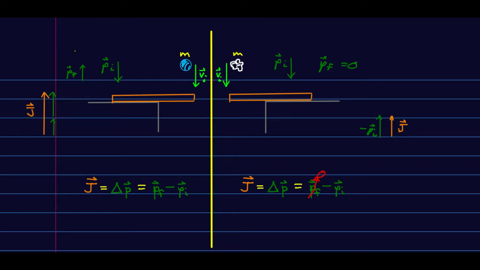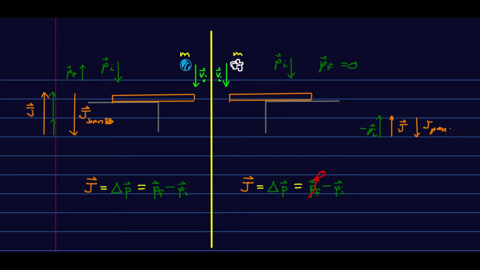And so the impulse imparted on the board by the ball is this big downward j, ball on board, B on B, whatever.